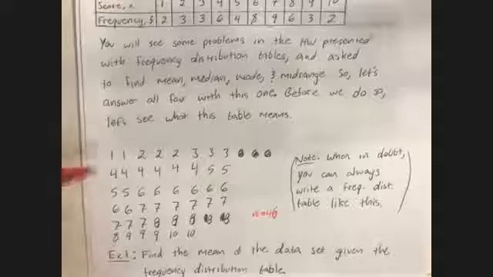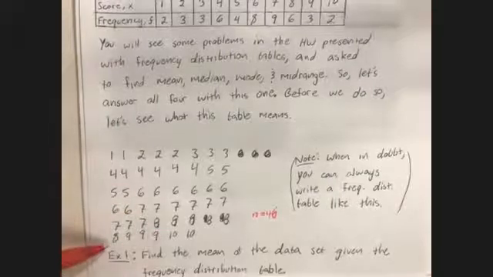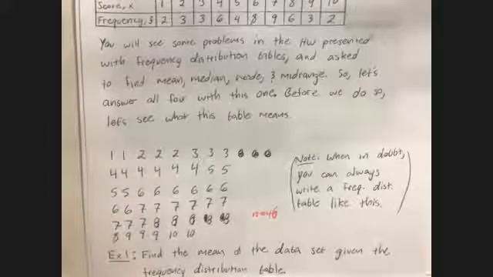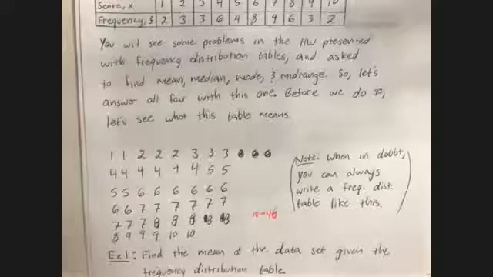Like for mean, you could add up these individually and then divide by the total. The total here is 46. Or you can work it the way I'm going to show you, which is a little bit quicker, but it all depends on what makes sense to you and what you're going to do well on the test.